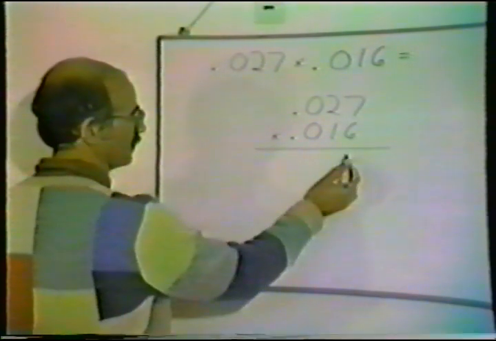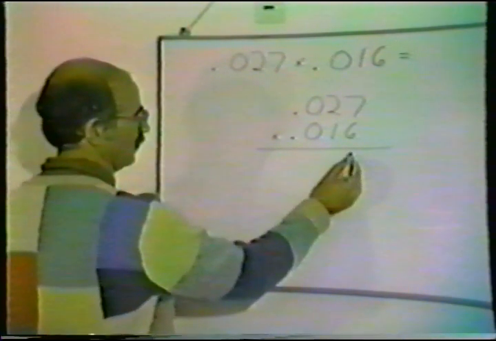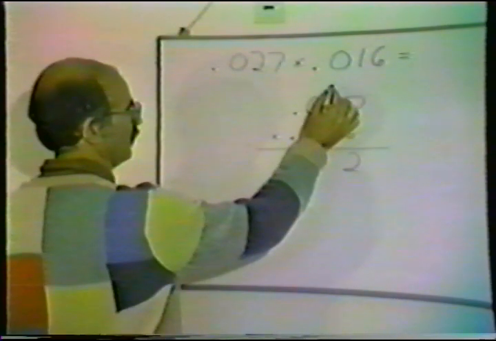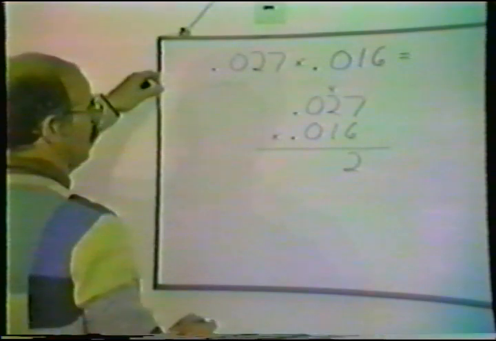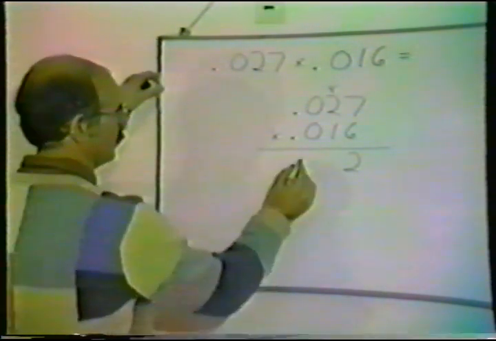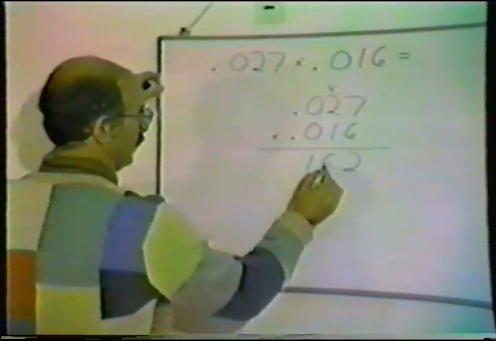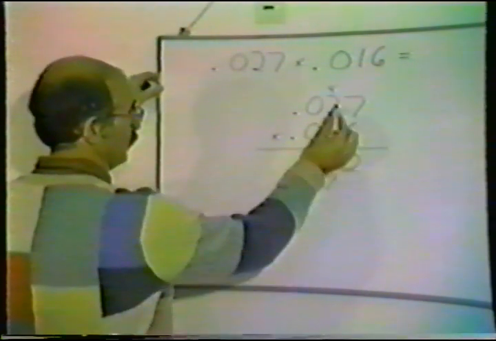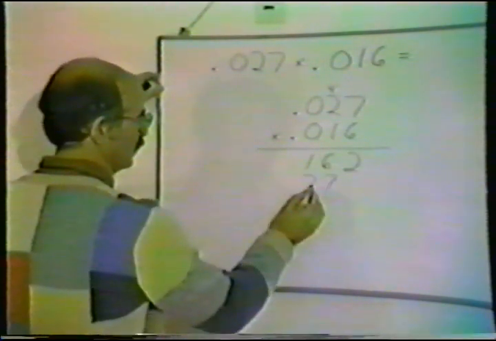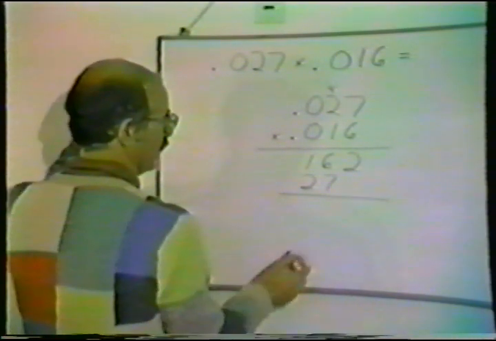7 times 6, 42. Put down the 2, carry the 4. 2 times 6, 12, plus 4, 16. 7 times 1, 7. 2 times 1, 2. And we add them.